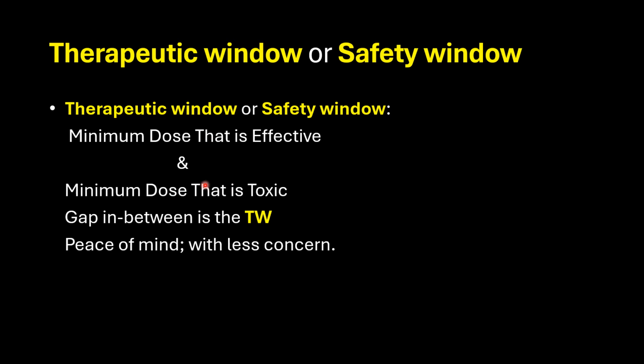So in between is the therapeutic window, meaning the dose that is effective and the level you're going to reach that you're going to be faced with toxic effects of that medication. The gap in between is the window for us to prescribe back and forth. So we have peace of mind at therapeutic window, or we have less concern when the drug is still within therapeutic window.